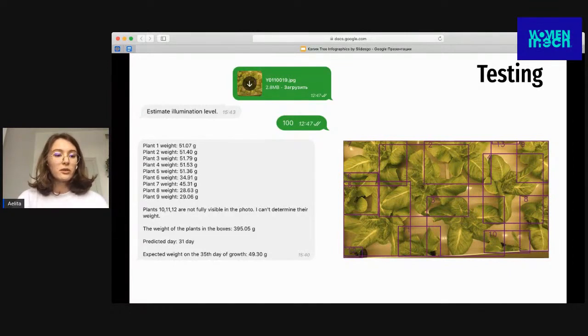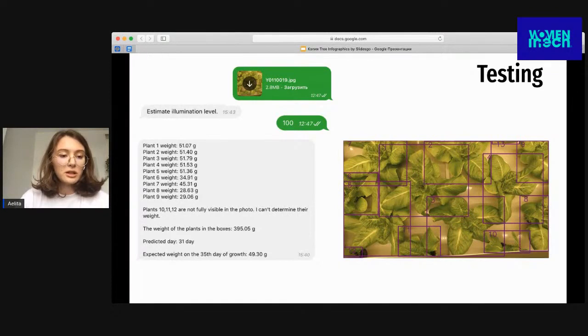Also enter the light percentage, with 4 available values: 40, 60, 80, and 100. And the Telegram bot returns the predicted weight for the 9 most visible plants from the top view picture.